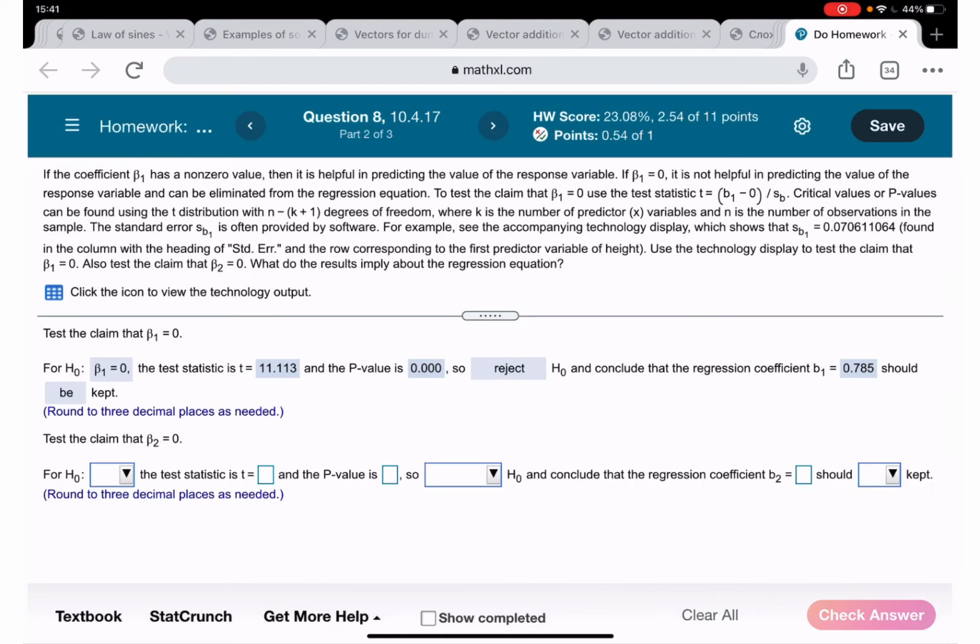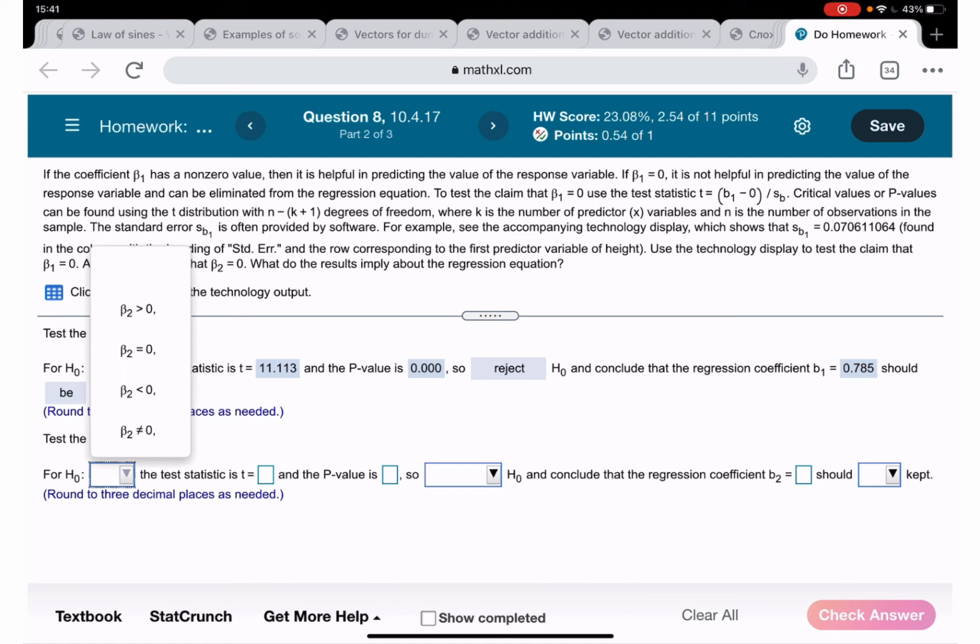Okay, second one. What about the second equation? So now we test the claim that B2 is equal 0, okay?